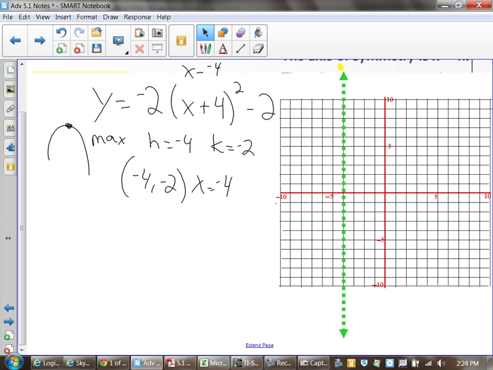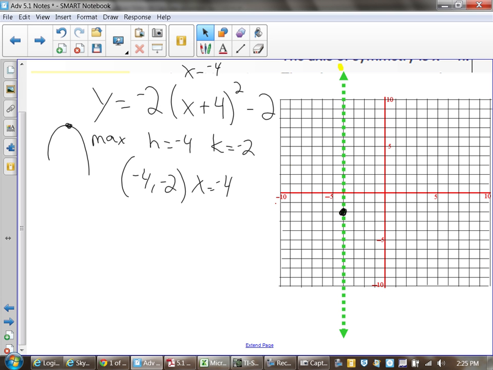I have the vertex at -4 and -2. I know that's the maximum value, which means it's opening downward. Will this function have any zeros? No, it doesn't cross the x-axis, so I will not have any zeros.